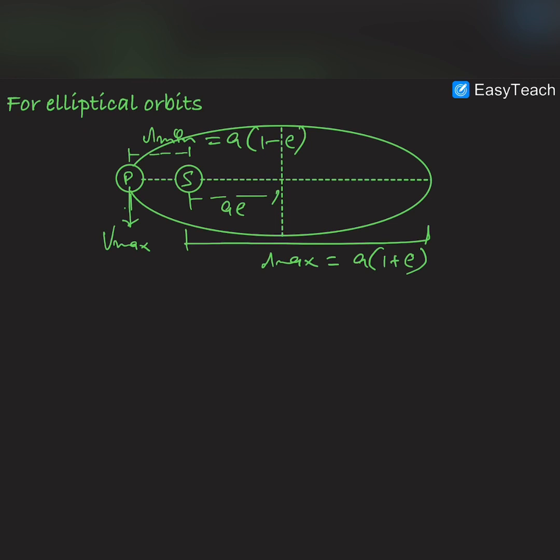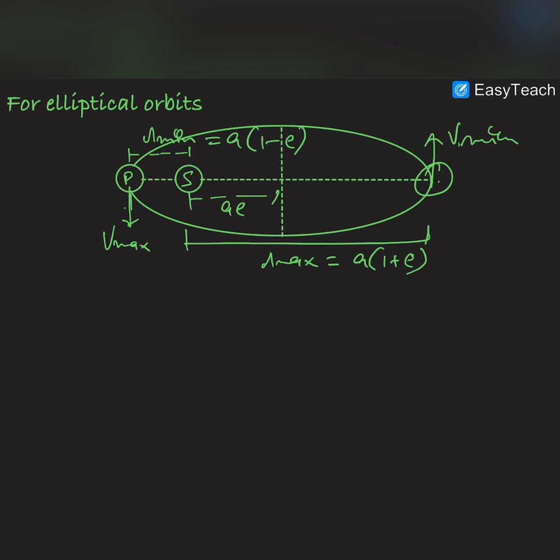This is called apogee, which is the farthest point, or aphelion. So velocity of planet at this point is V minimum, and velocity at perigee is V maximum.